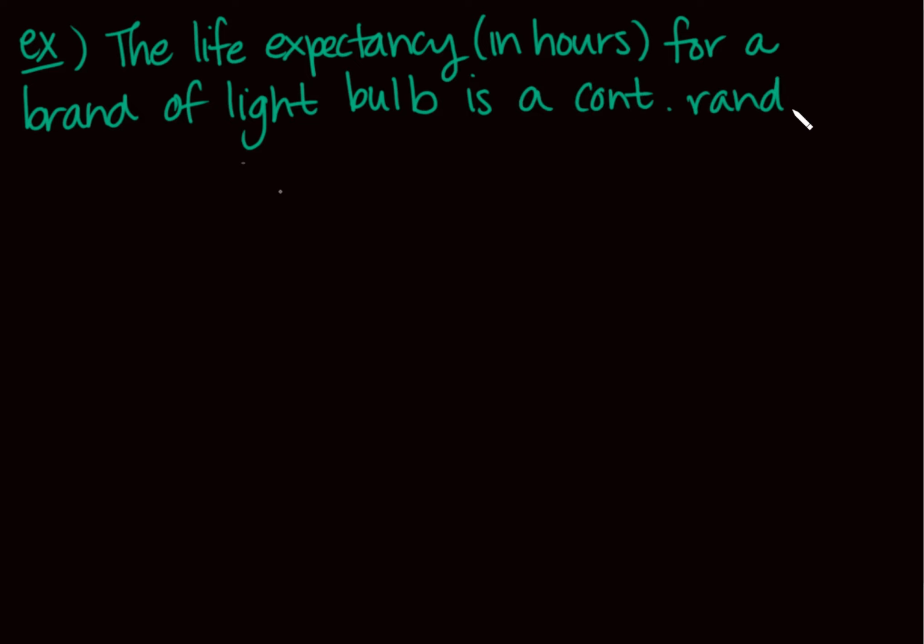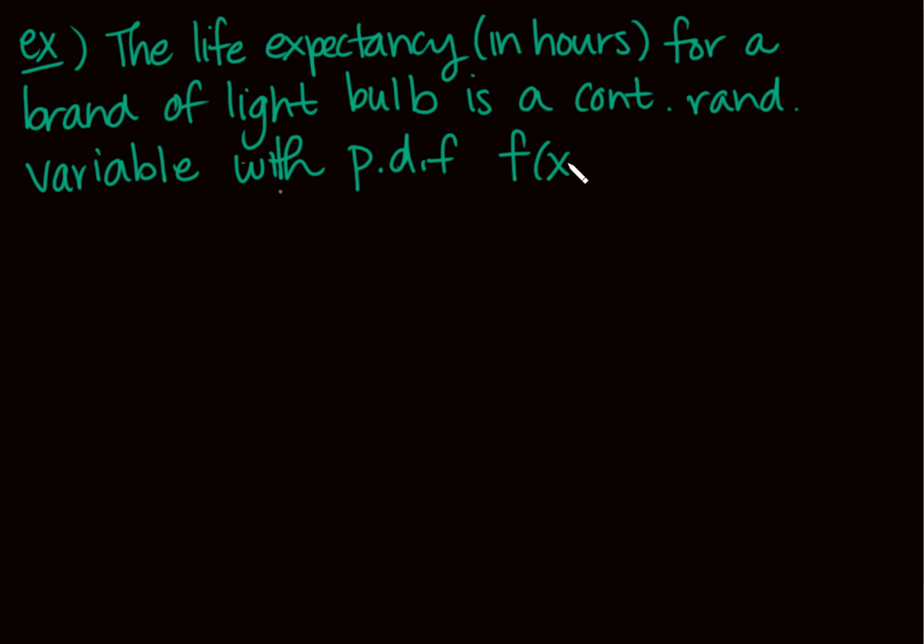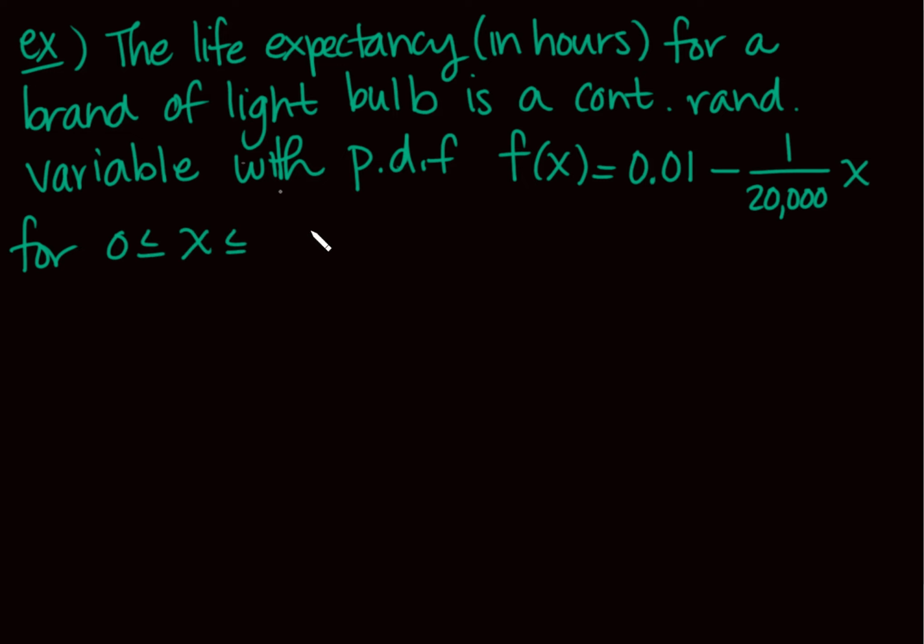It's a continuous random variable with probability density function, PDF, f of x equals 0.01 minus 1 over 20,000 x, for x between 0 and 200.